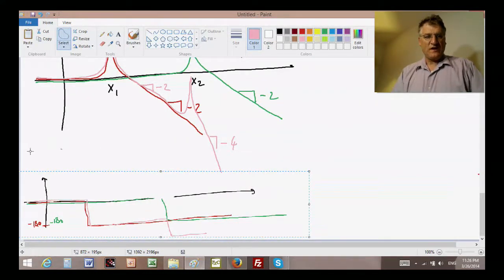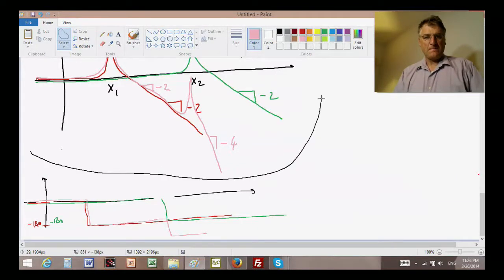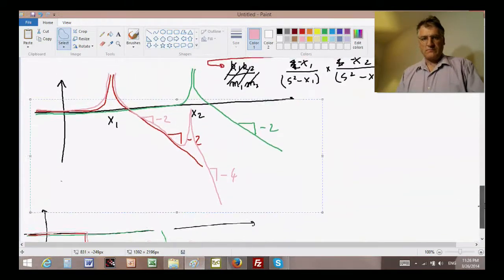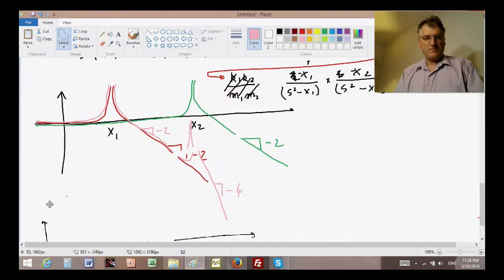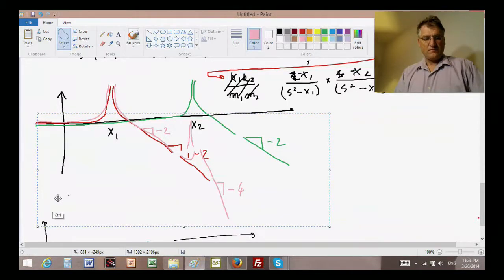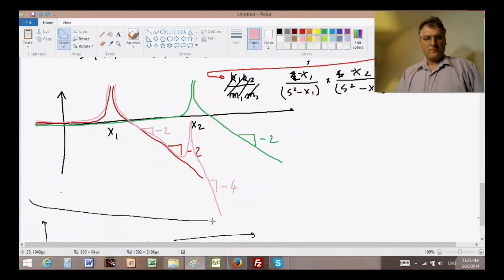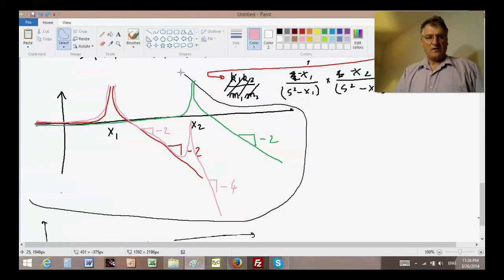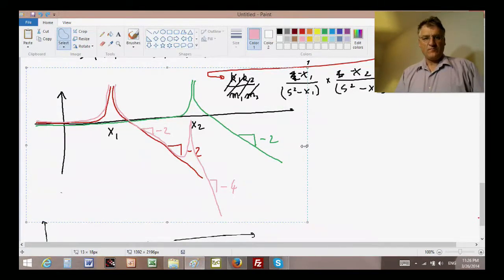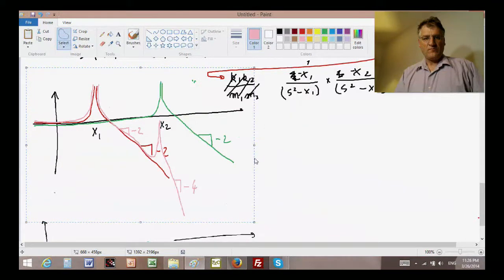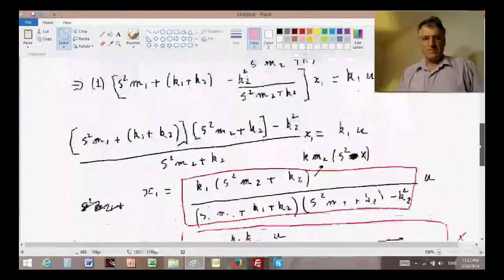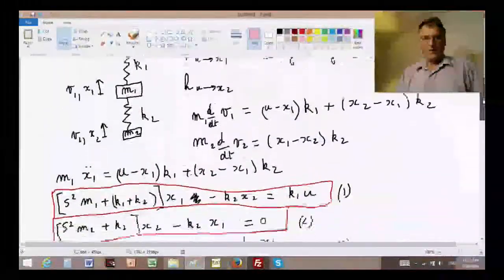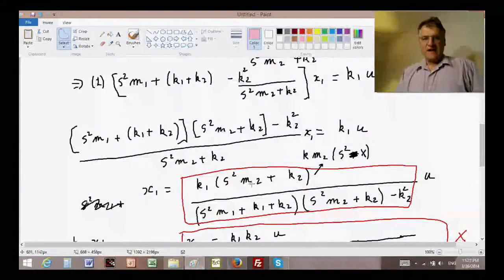Now let's do this guy. Let's do it again, and let's also reduce it to make room for that transfer function.